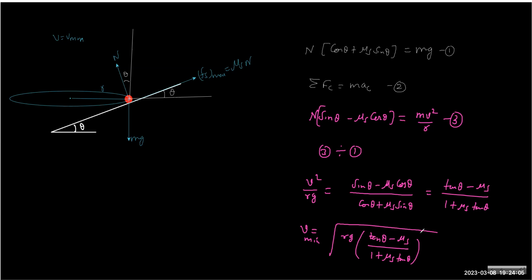Okay, so you have the answer for the situation before. And now tell me, what will happen if I ask you, what is the maximum speed possible? What will be the modus operandi to solve for Vmax? How will the FBD change?